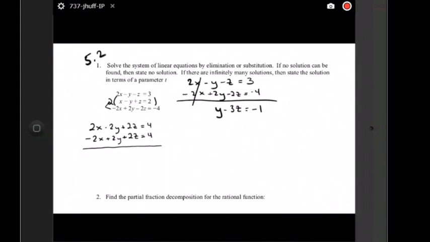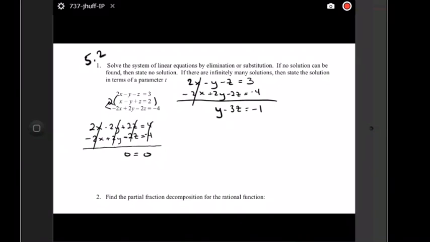Okay. Whoops, that should be a minus 2z. There we go. -4. So if I multiply that middle equation by 2 and then combine it with the bottom equation, I end up with that.